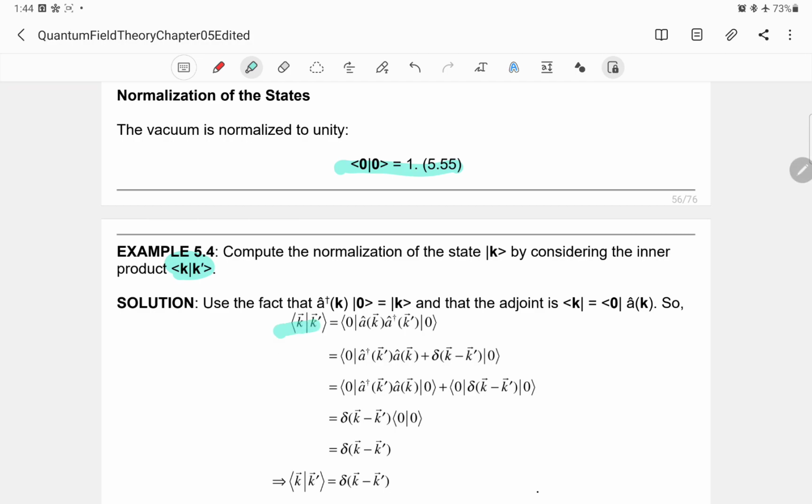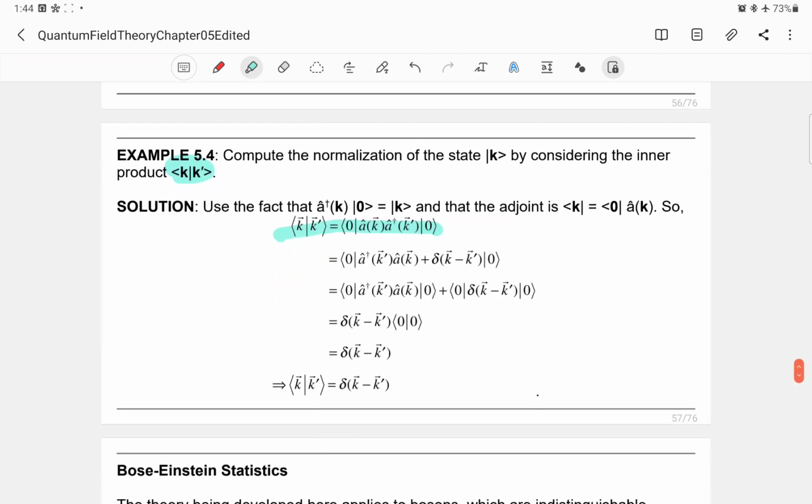So starting from this line, you can use the commutation relation of a and a adjoint, and so eventually you will get the normalization of the two states will just be like that.